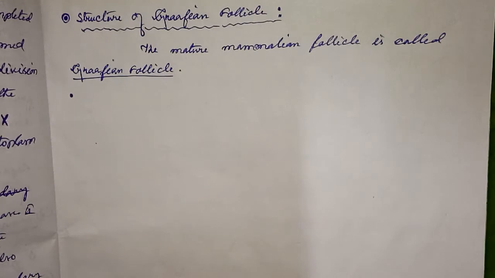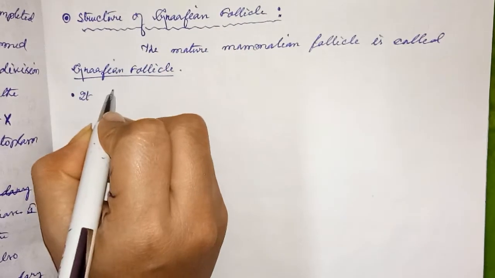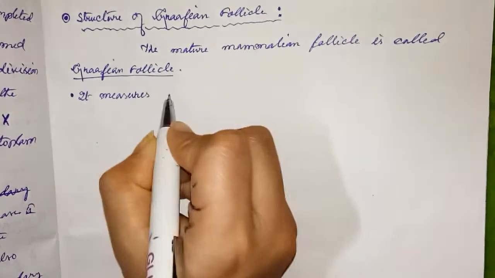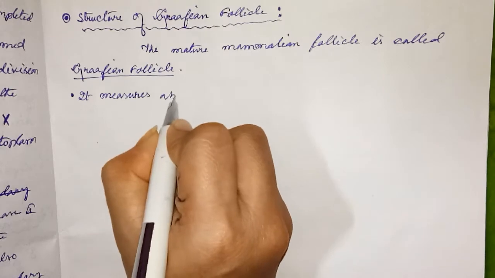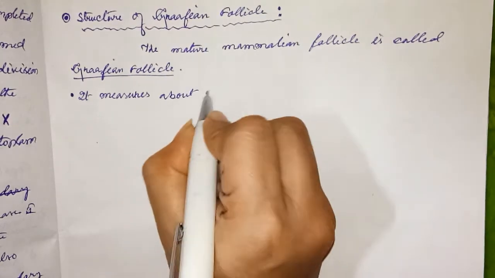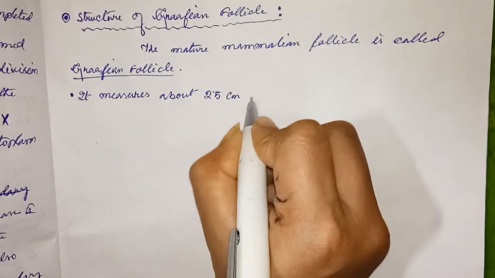Its wall is formed of several layers of granular follicle cells and is differentiated into theca externa and theca interna. Okay, so first feature is it measures about 2.5 centimeter in size.